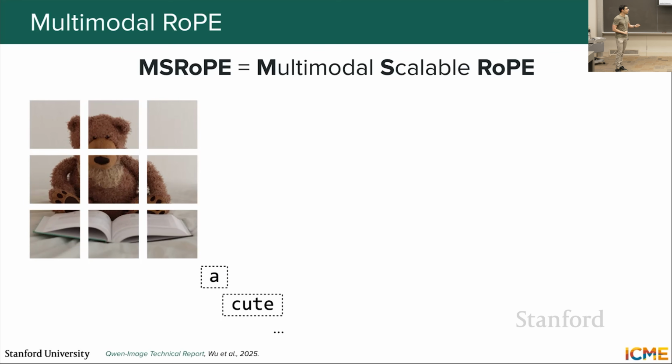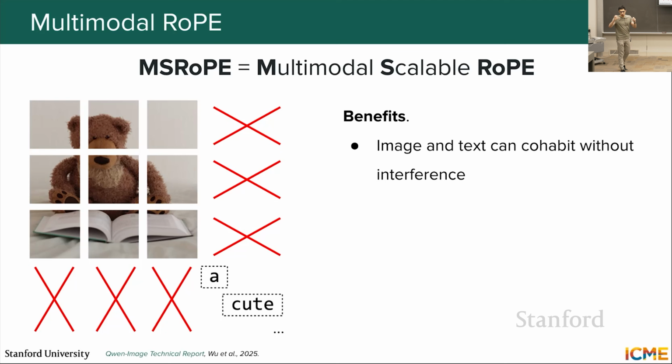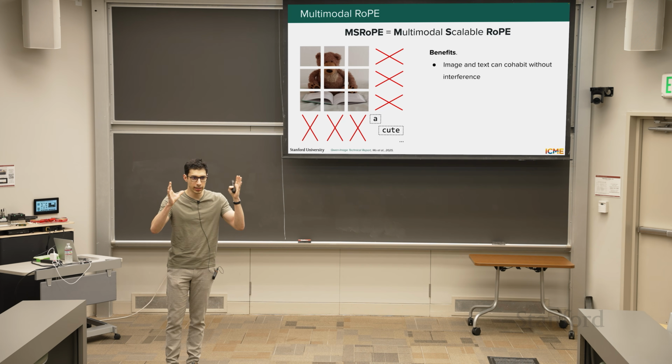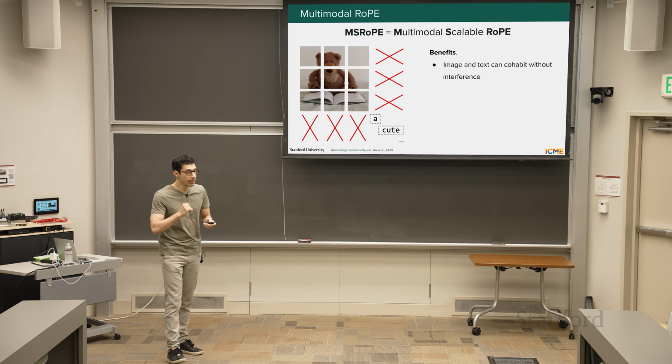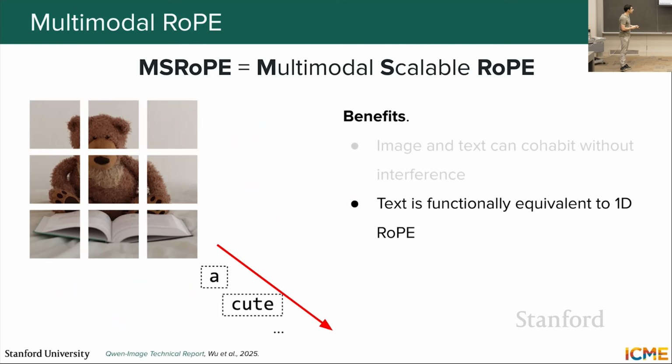What wouldn't work intuitively is using the positions at the horizontal lines of the image and the vertical ones, because intuitively, you do not want your model to think that your text tokens are a continuation of your image. So one natural position that the Qwen-Image paper points out is the diagonal, because it's clear that it's out of the area of the image. And by doing so, they see that they can just live together.